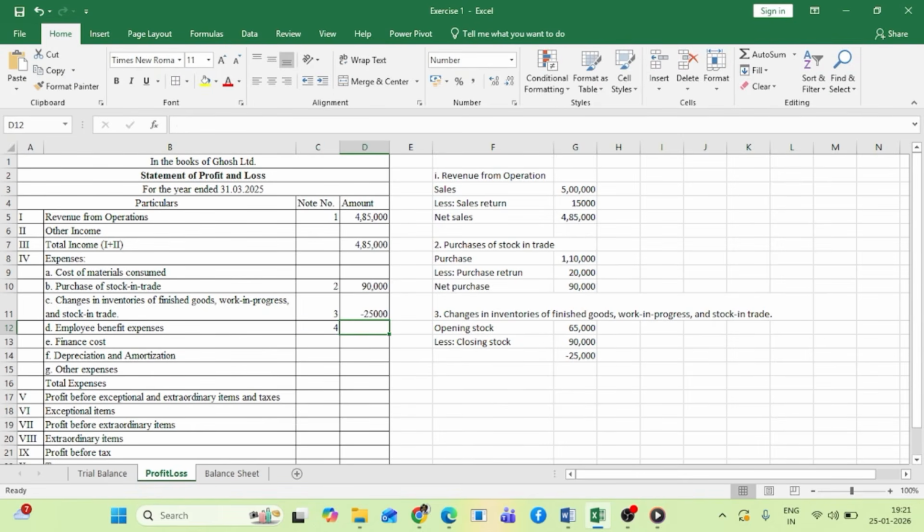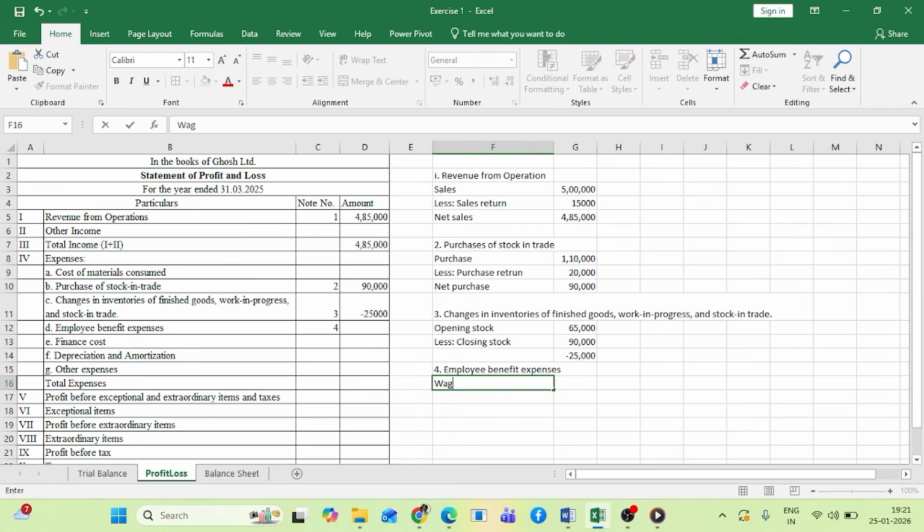So here I'll see what is the amount of your employee benefit expenses. Now, if you see what are the different items that will cover your employee benefit expenses. Simply any benefit that you are giving to your employees. Okay, so here in the trial balance there are two items relating to your employee benefit.